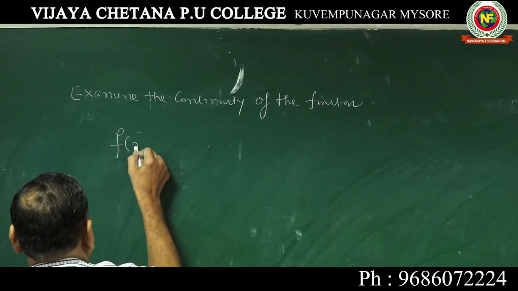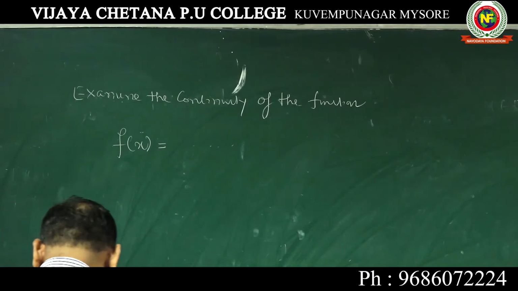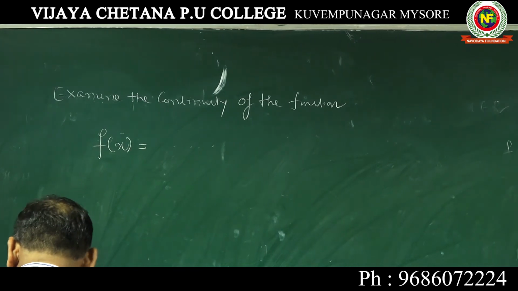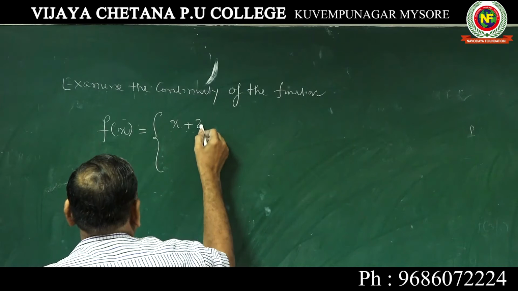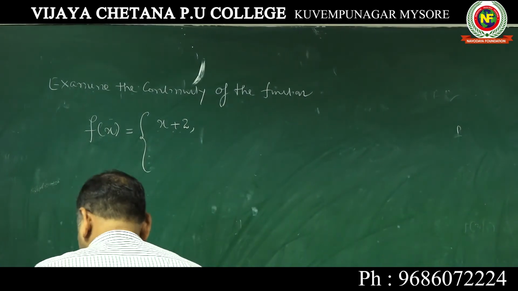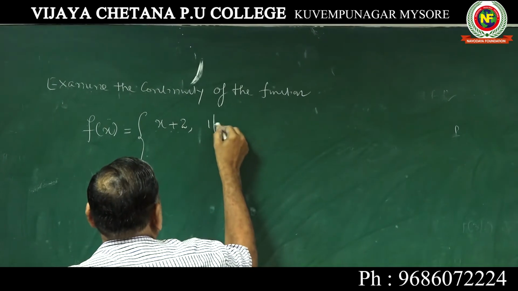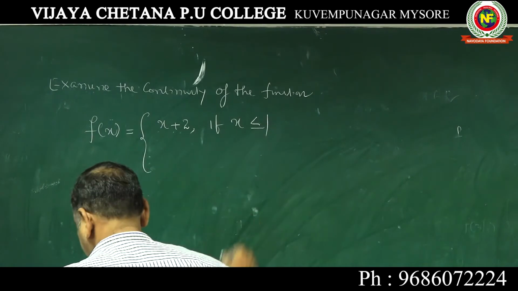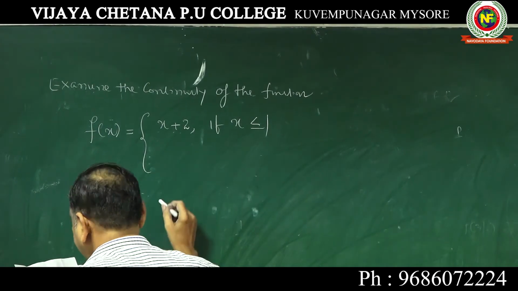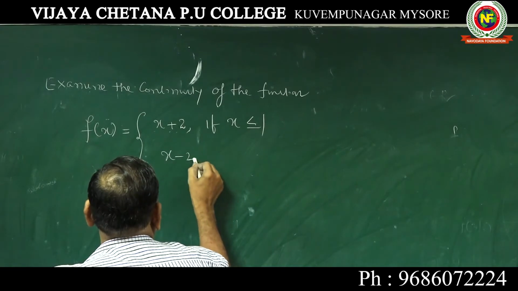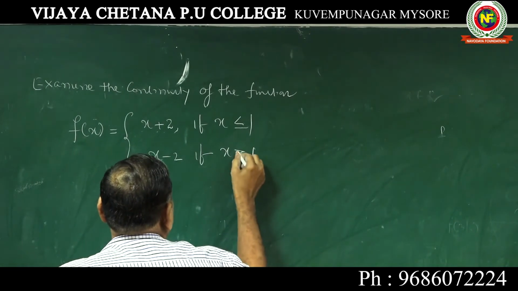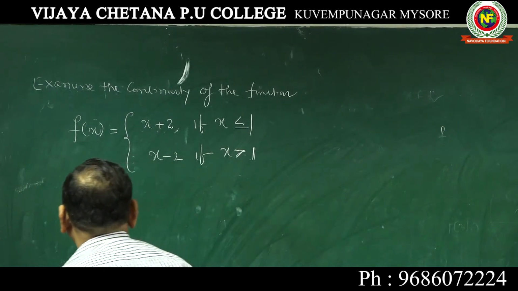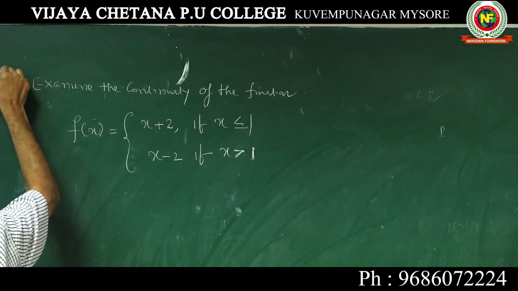f(x). Examine the continuity of the function. f(x) is equal to x plus 2 if x less than or equal to 1, and x minus 2 if x greater than 1. f(x), very important problem for examination.